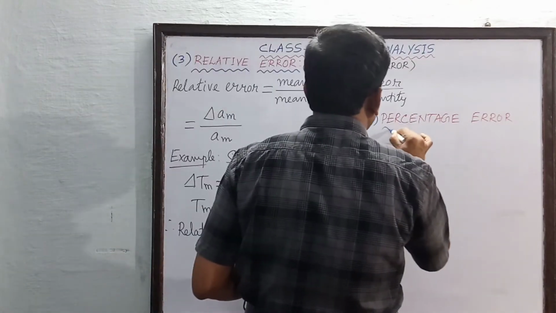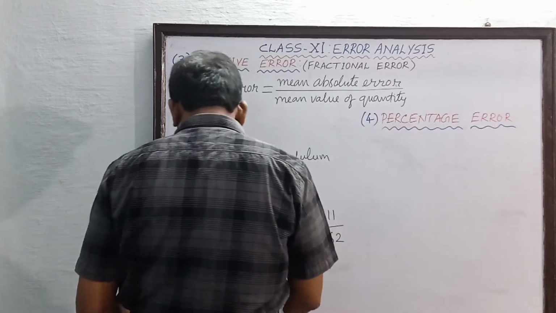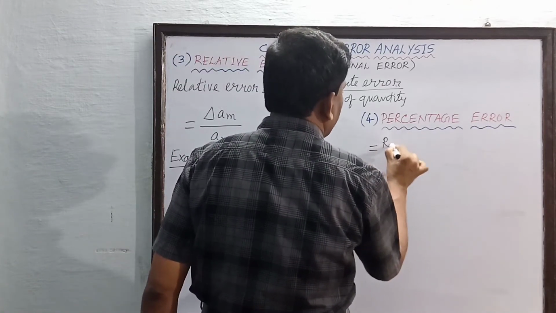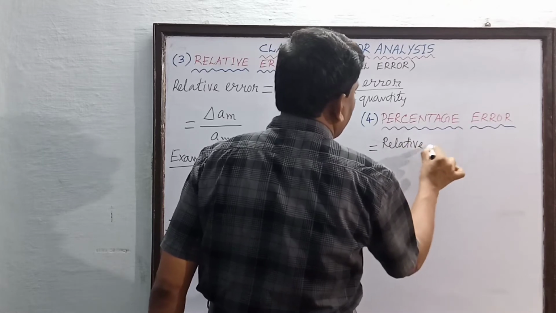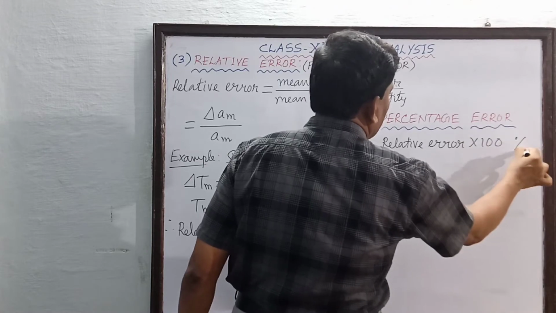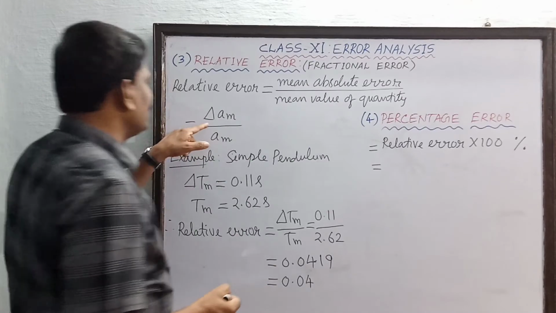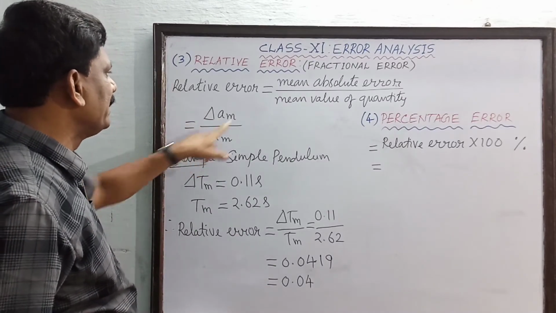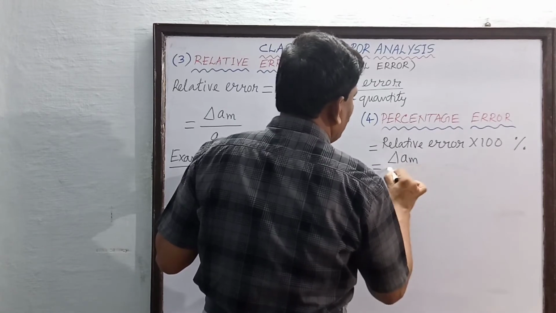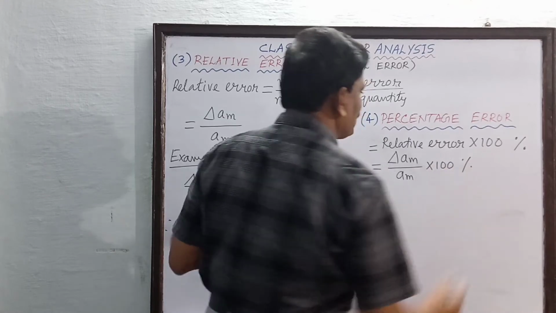When you multiply the relative error by 100, what you get is called the percentage error. So percentage error is equal to relative error multiplied by 100, so that we can express it in percentage. The relative error is delta AM by AM, so this is delta AM divided by AM into 100, expressed in percentage.